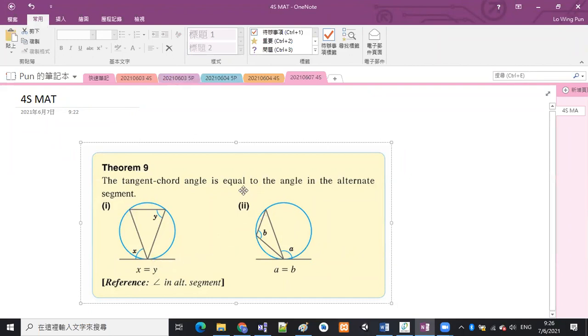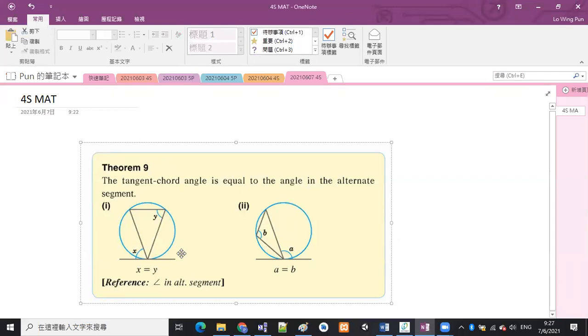記得我講過，tangent 嘅話，我哋有三大個 reason 嘅。第一個就係 tangent perpendicular to radius, and then the second one is tangent properties. If in the diagram you find that there is a tangent and a radius, then most probably you are going to use tangent perpendicular to radius.